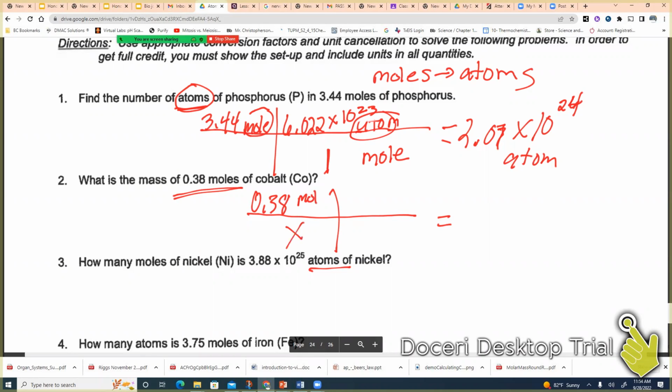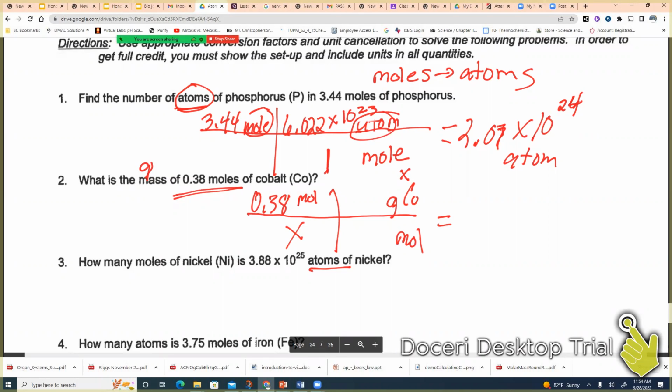Nothing here. All right, so what is going to go in this last space right here? Mass or grams, right? Grams of cobalt. And mole goes on the bottom. All right, so really, if you've done that part, that's kind of the hard part.